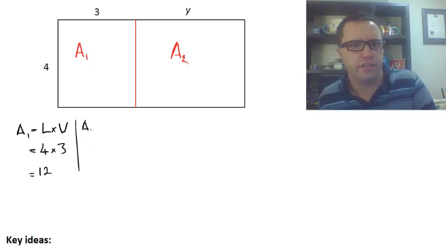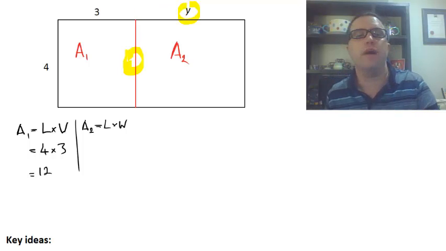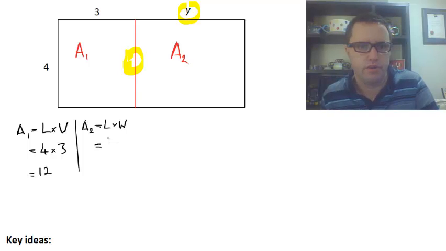Area 2 is also a length times a width. This length here is also 4, because it's the same as this side over here, and this length here is now y, an unknown amount that we don't know about yet. So it is equal to 4 times y, which is 4y.